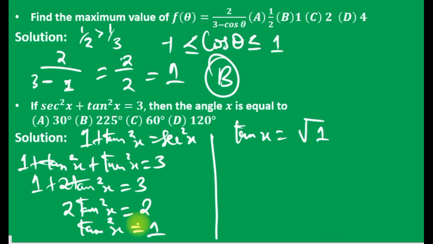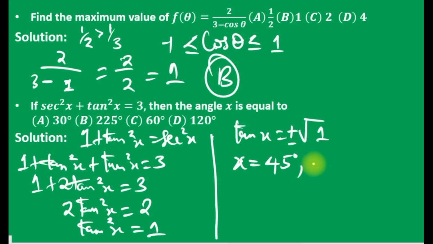Remember, the square root of any number is plus or minus, so we have 4 values. We'll find the first quadrant value, second quadrant, third, fourth. So which implies that x, the first quadrant value, is 45 degrees.